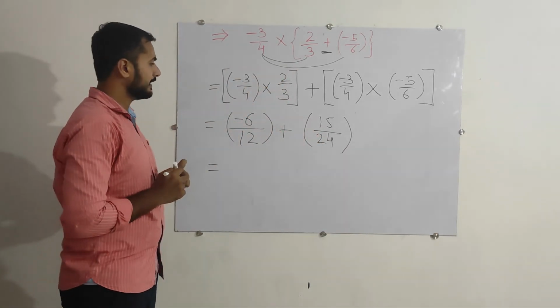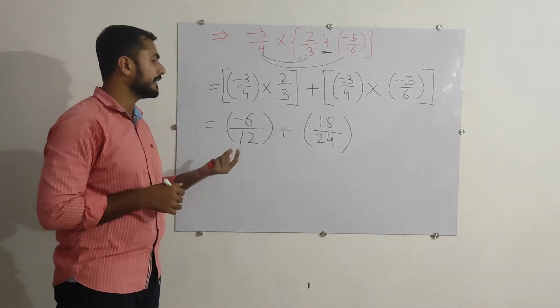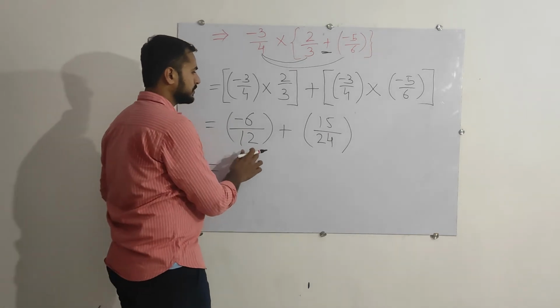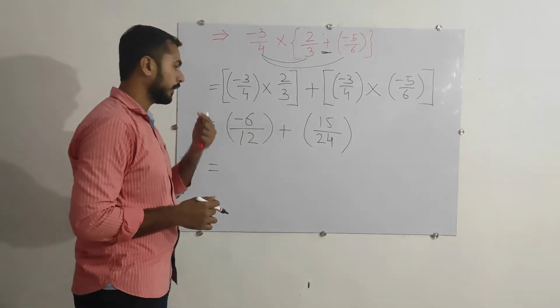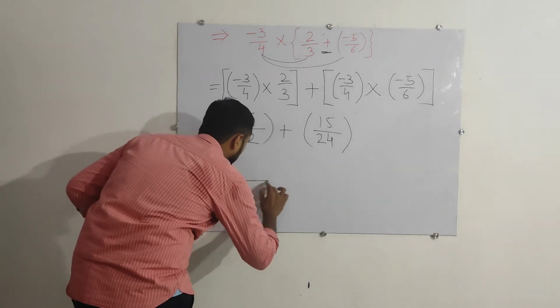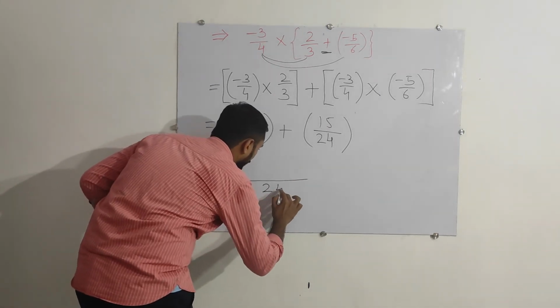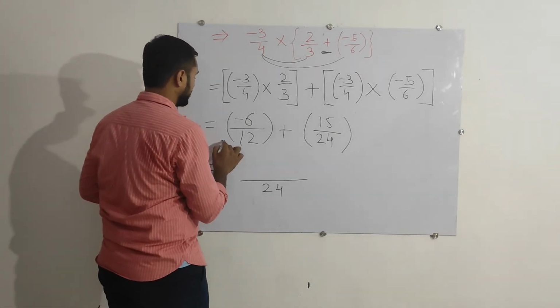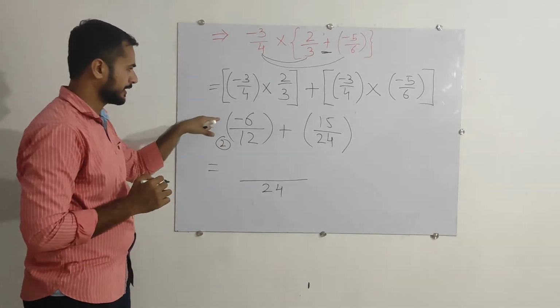For rational numbers, if you want to add them, we need to take the LCM, and here the LCM is 24, because 12 2s are 24. So I need to multiply by 2 for the numerator.